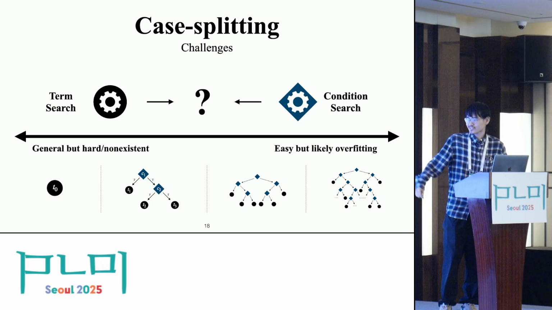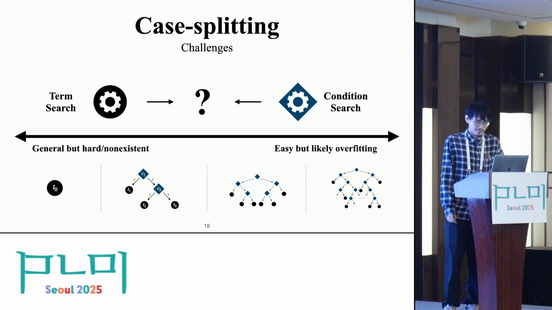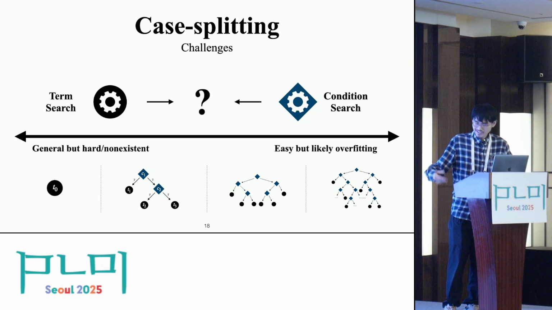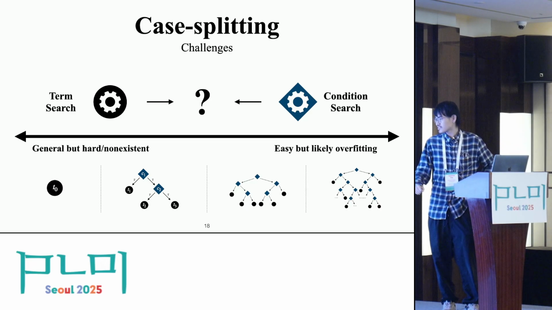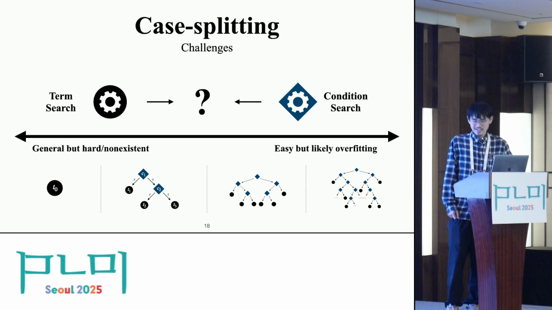You have a lot of terms, and these terms need a lot of deduction and enumeration. If you try a larger decision tree, like on the right-hand side, it will be much easier, but it's very likely to overfit because you arrange this decision tree out of nothing. It's basically guessing.